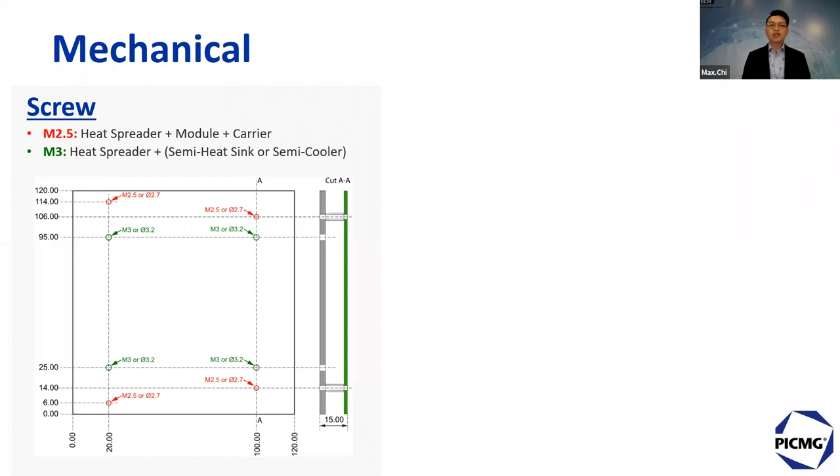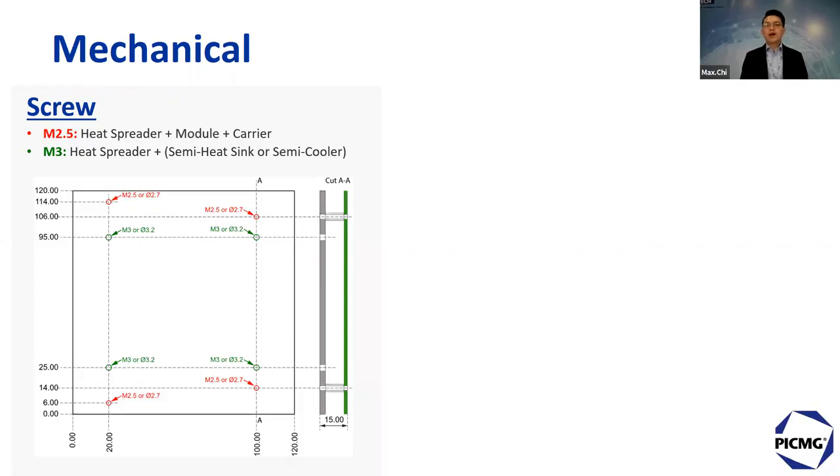So back to the picture here, COM-HPC defines two different kinds of screws. First is M2.5. It's for heat spreader plus module plus carrier, like the red ones in the picture. Another one is M3 for heat spreader plus semi-heatsink or semi-cooler, as the green ones in the picture.